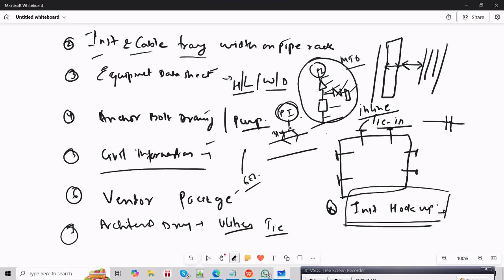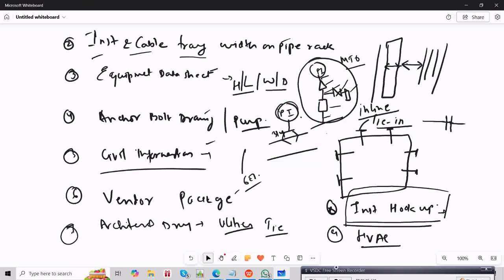This is okay if you don't have it, but just for your information, it is called the HVAC layout. It especially applies to an offshore project because you have HVAC items, like ducting and all those things. So the HVAC ducting layout will be there.